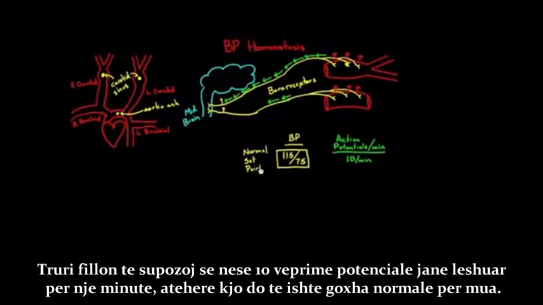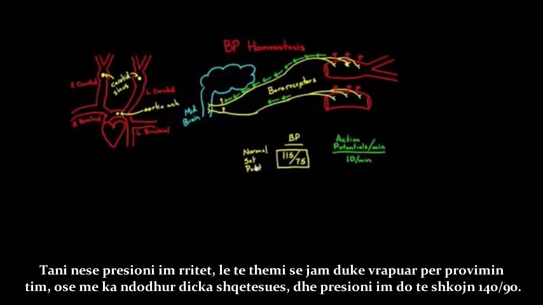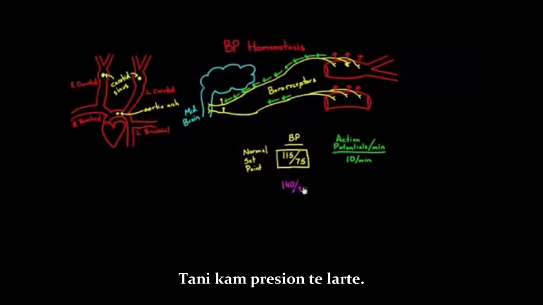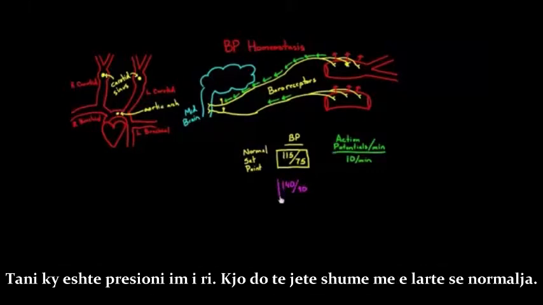Now, if my pressure goes up, let's say that I'm running late to an exam or something happens that really worries me and my pressure goes to 140/90. Now I have hypertension. And this is my new pressure.